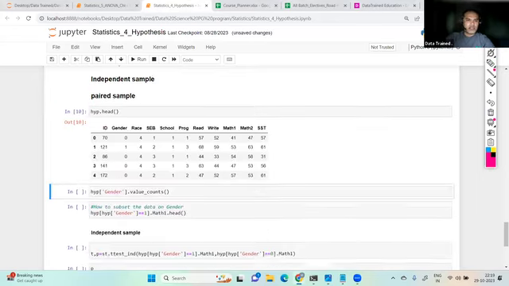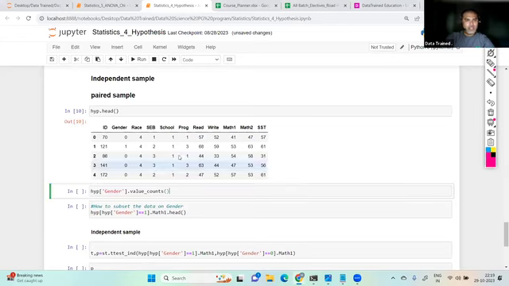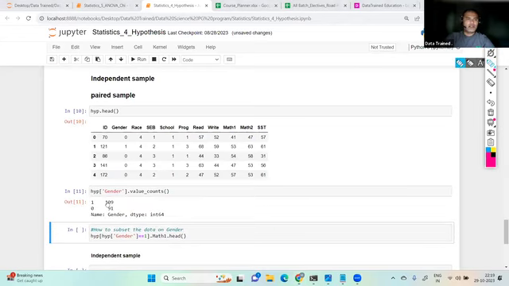So this is our data set. Value counts of gender is, let's say, male 109, female 91 students. We are going to subset the data. We'll take the maths one score, but gender wise.